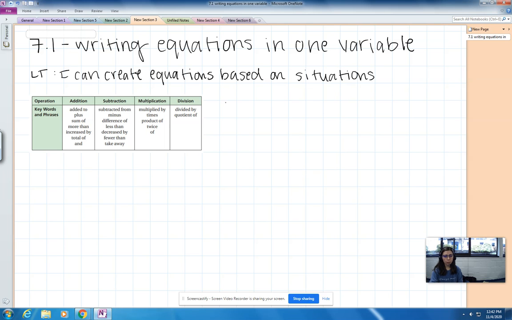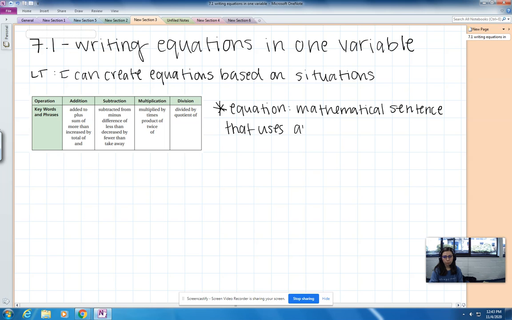So before we can do that, we need to define the word equation. What is an equation? An equation is a mathematical sentence that uses an equal sign.